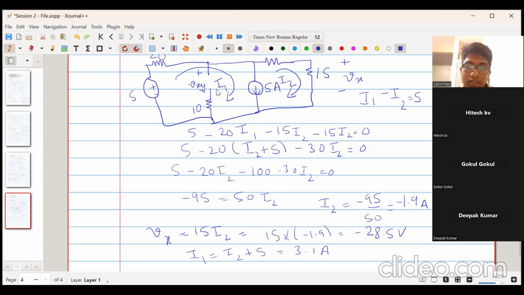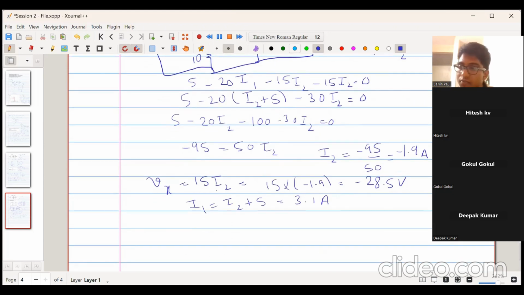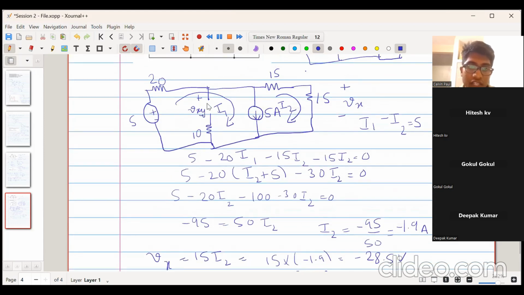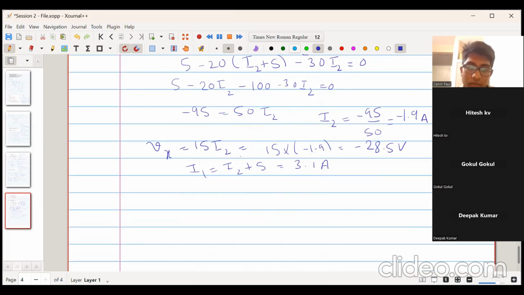So the voltage Vxy we can write as follows. To the 10 ohm resistor no current is flowing, so the voltage drop across the 10 ohm resistor is 0. So minus Vxy plus 5 minus 20 I1 is equal to 0.